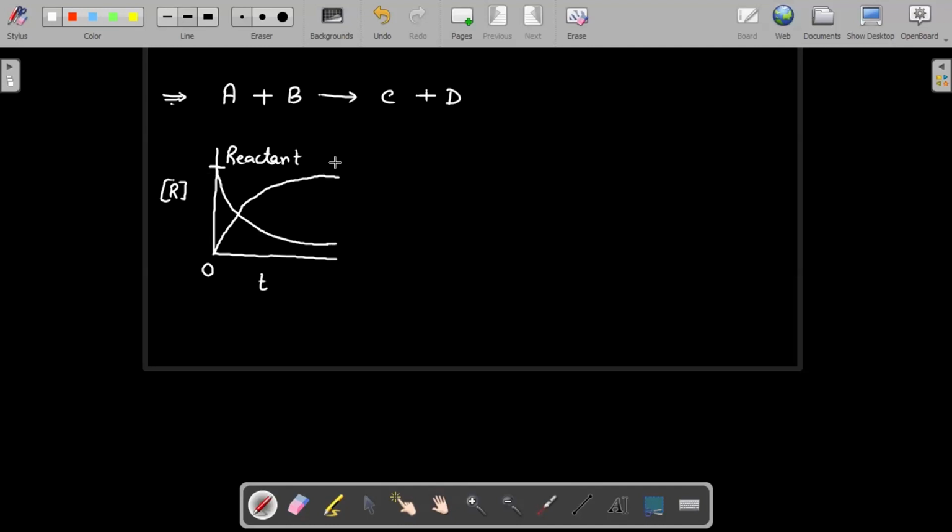This is for product and this is for reactant. The concentration of the reactant is going down. You can say there is a change in the concentration of the reactant with change in time. The negative sign indicates that the concentration is decreasing.